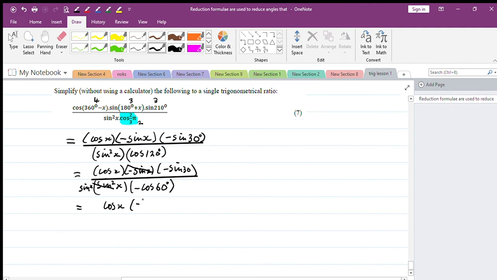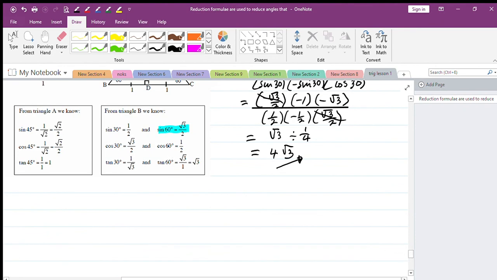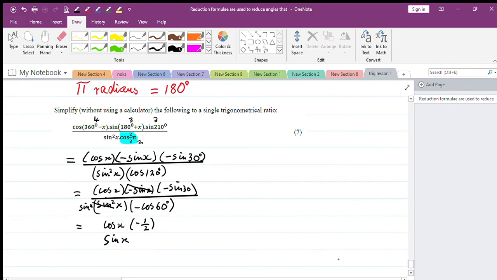Okay, and then we will have sine x here, and then negative cos 60, which is also 1 over 2, but because it's negative, our answer will also be negative 1 over 2.